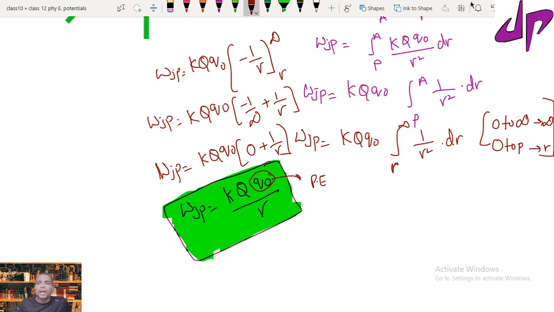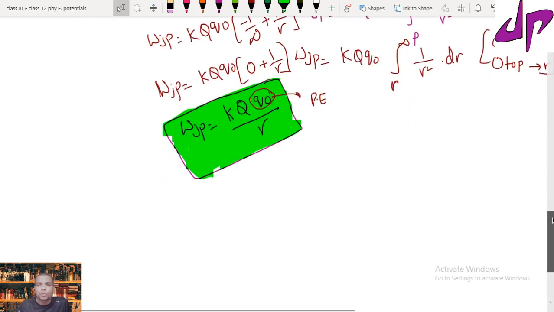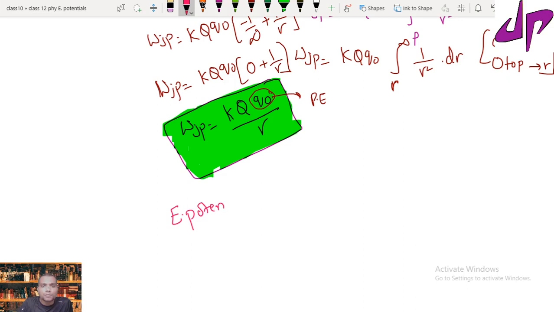So right now here I want to define electric potential at a point within the electric field. We can define electric potential as work done per unit test charge.